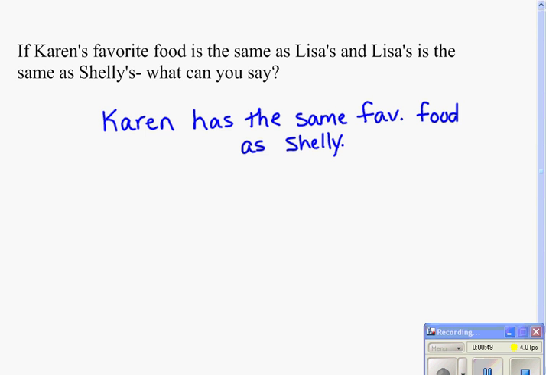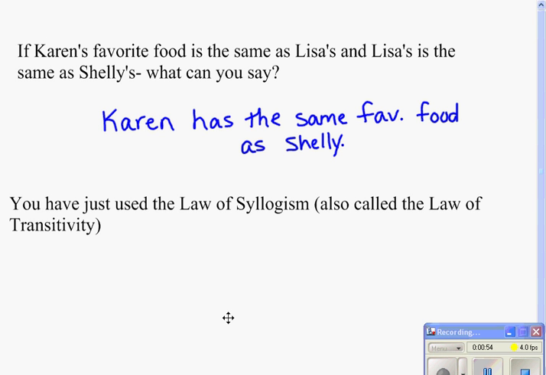What you've actually just done is use the law of syllogism, which is also called the law of transitivity. Symbolically, what that's showing you is that if P, then Q, and then Q implies R, what you would get to say is that P implies R. Basically, what that's saying is if you are ending with the exact same thing as you are starting the next statement with, they form like a link in the chain.